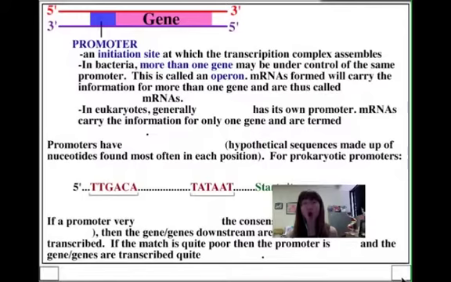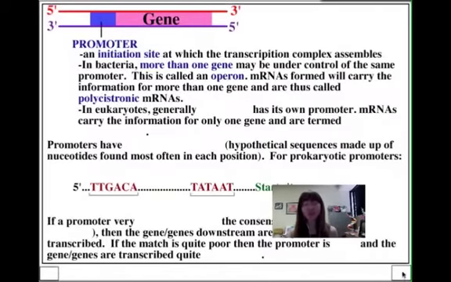This is called an operon. Many operons are famous, and in fact I'm betting that Olivia is thinking right now, the lac operon. The lac operon is a famous one, and that's where more than one gene is under control of the same initiation site or promoter. Then we know that the RNA that's formed from an operon is called a polycistronic mRNA. It carries the information for more than one gene, often many genes, so polycistronic.